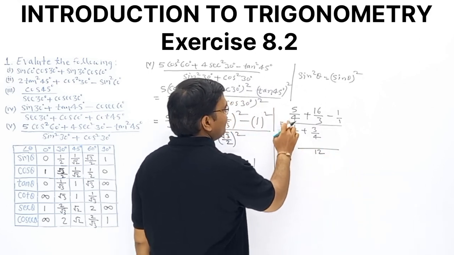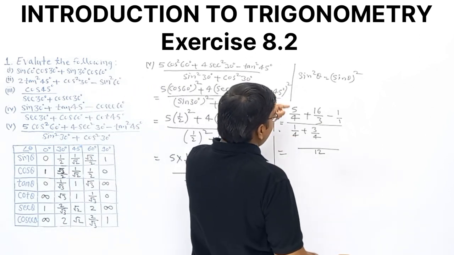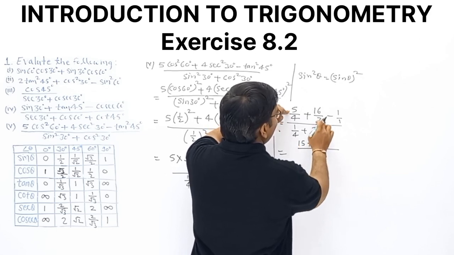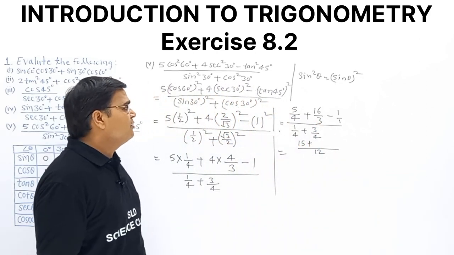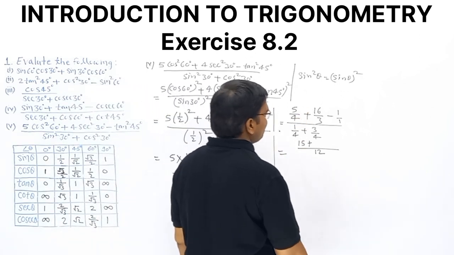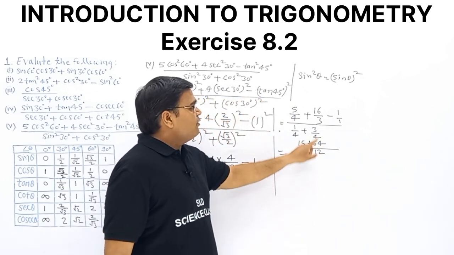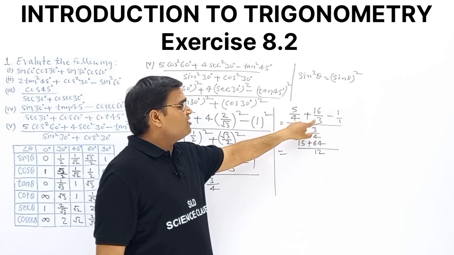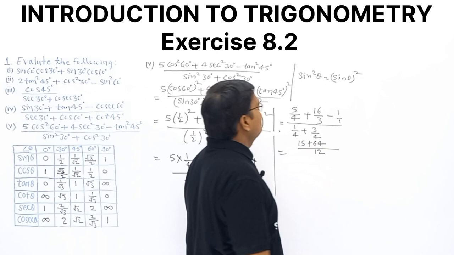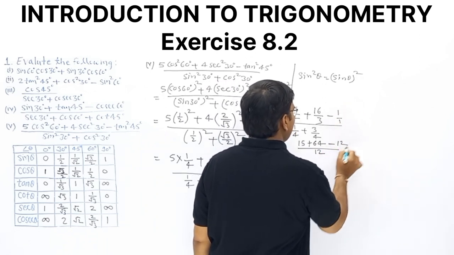Now 12 divided by 4, how many times is it going? 3 times, and multiplied by 5, 5 into 3 will be 15 plus 12 divided by 3, 4 times it is going, 4 will be multiplied by the numerator 16, 16 fours are 64, minus 12 times it is going, multiplied by the numerator, 12 we are having.